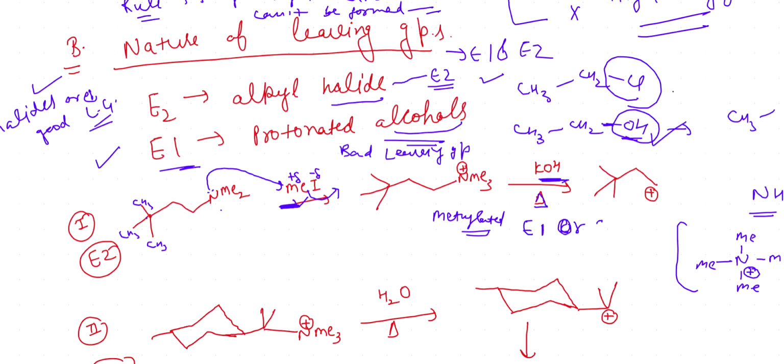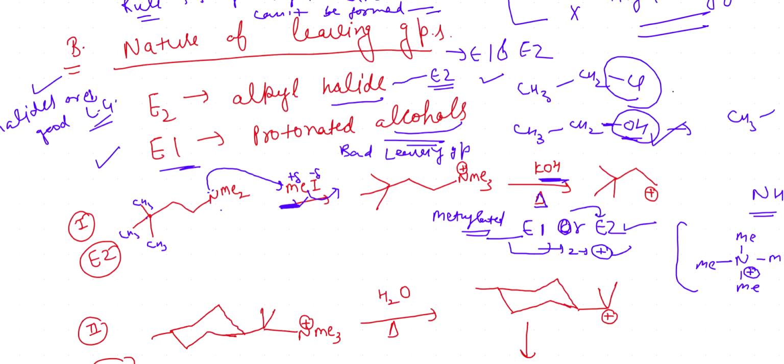Here, what is our concern: whether this reaction will proceed via E1 or E2. Previously we have discussed the nature of substrate. If it proceeds via E1, that means two steps. In this there will be formation of a carbocation. If the carbocation is stabilized, then it will prefer to undergo E1. If the carbocation is not stabilized, it will proceed via E2 mechanism.